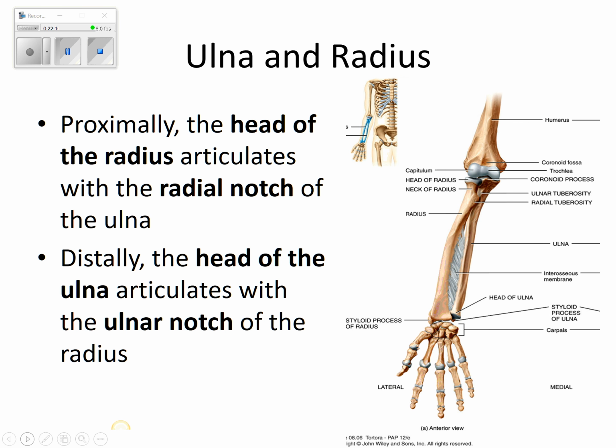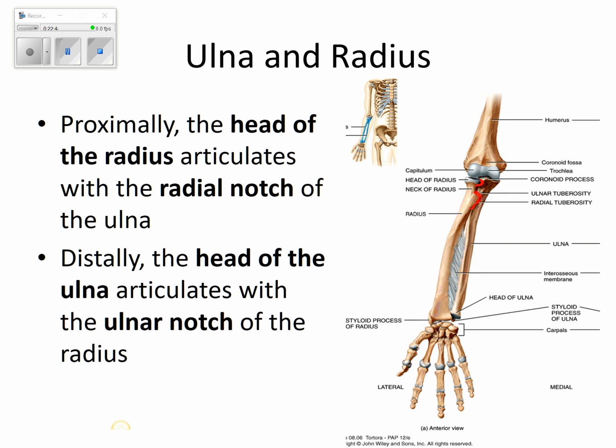Proximally, the head of the radius articulates with the radial notch of the ulna. So on the radius, you have the radial tuberosity here, and on the ulna is the radial notch, so that articulates. Up here, you also have the head of the radius, and the notch on the other side of that.